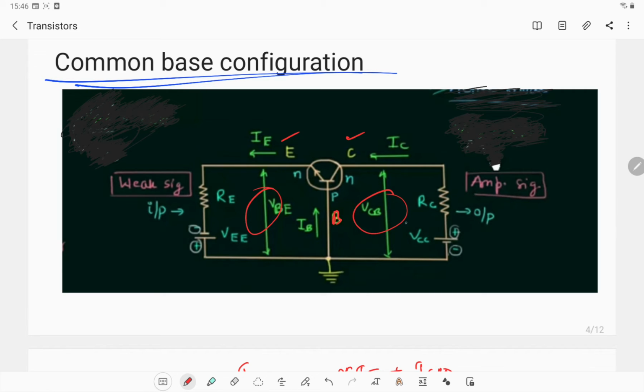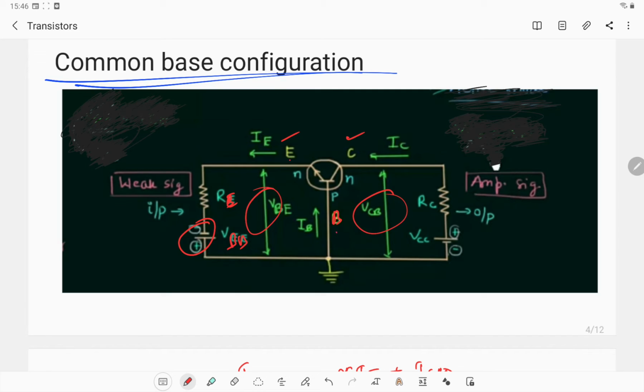For the input circuit and output circuit, the base is common. Therefore, this is nothing but the common base configuration. For this input circuit, this is a biasing battery, VEE or VBB. RE or RB is the resistance in the input circuit.